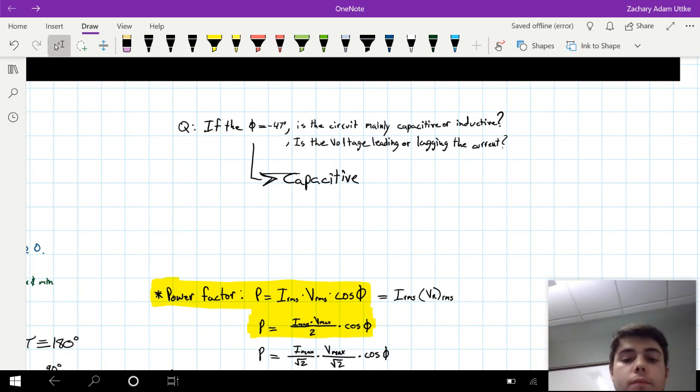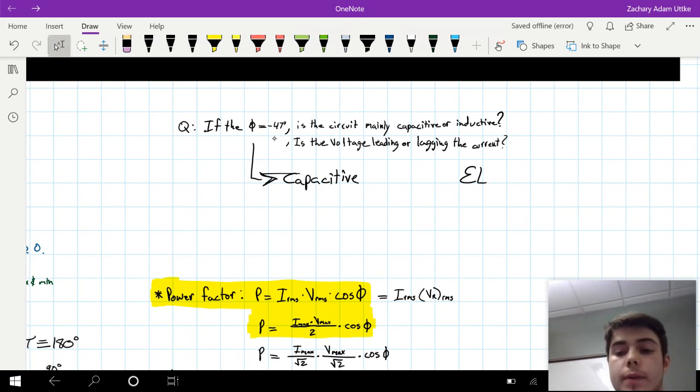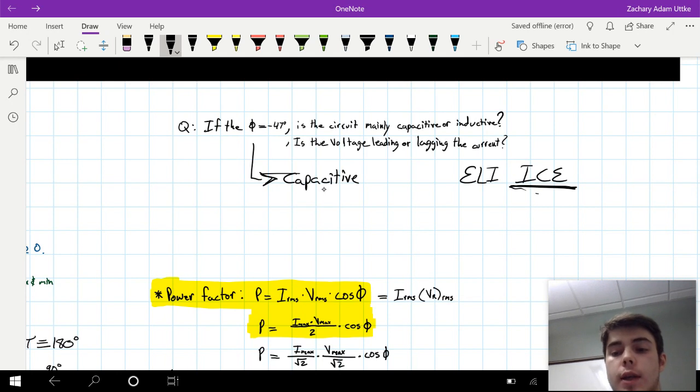Okay? And also if we're asked, is the voltage leading or lagging behind the current? So to answer that, we have to look back to Eli the Iceman. Right? So if we know that it's mainly capacitive, we can look right here. And we see that the voltage is lagging behind the current.